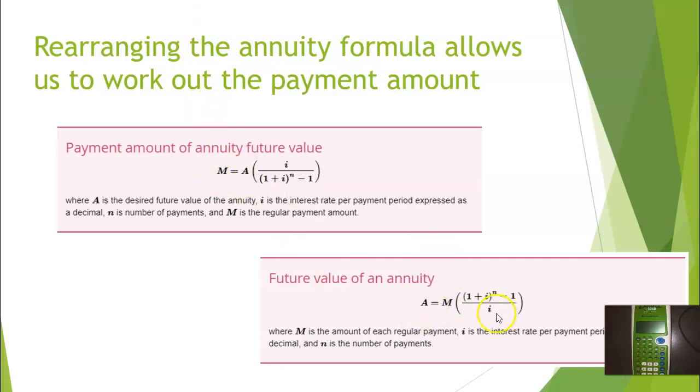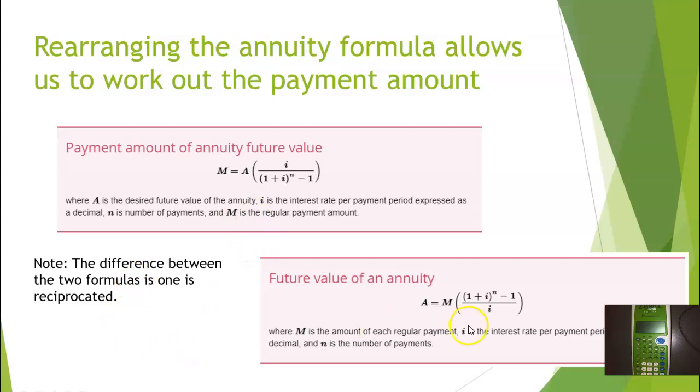So where you have A equals M in the future value, to work out the payment amount we swap these around. And the (1 plus I) to the n, take 1, over I has been rearranged upside down as well. So you'll notice that the two formulas here have been reciprocated.